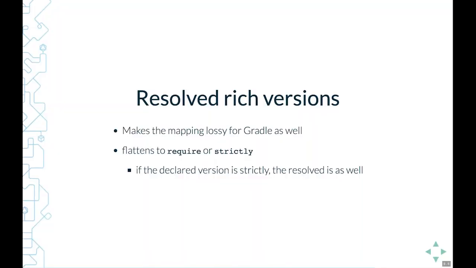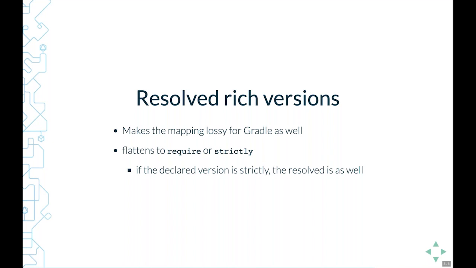And one last problem, if you use features like dependency substitution, composite builds, or whatever, is that you can have a module which is declared in your build file and that actually is not resolved because it's substituted by something else, and then you will have a mismatch between what you produce and what is actually used by the consumers.